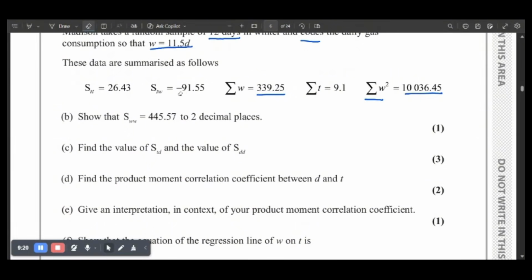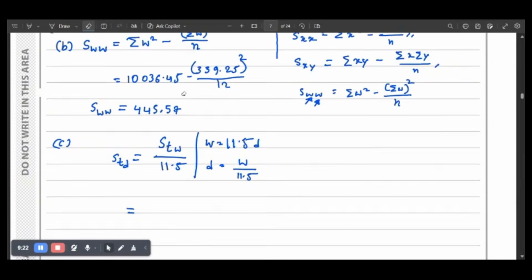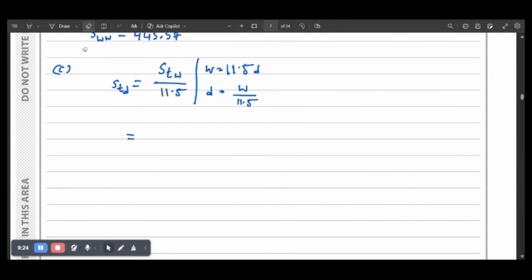We know that STW is equal to minus 91.55. So we can write minus 91.55 divided by 11.5. This will give us a value of minus 7.96 after rounding.